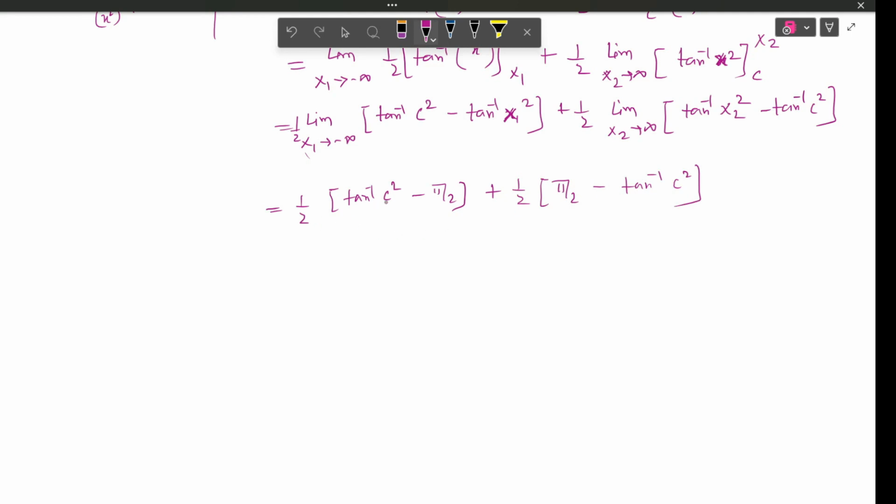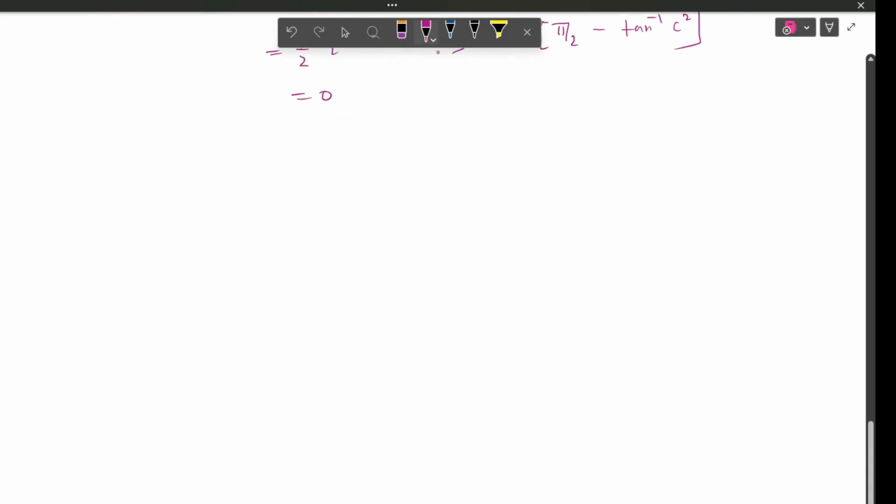So half of tan inverse c square and minus half of tan inverse c square cancel out, and minus half of pi by 2 plus half of pi by 2 is 0. Have you got the point?